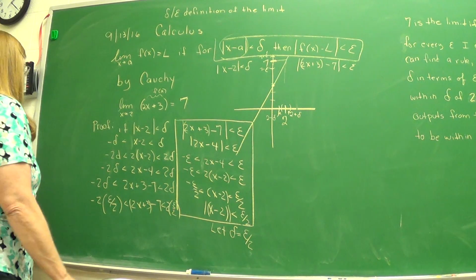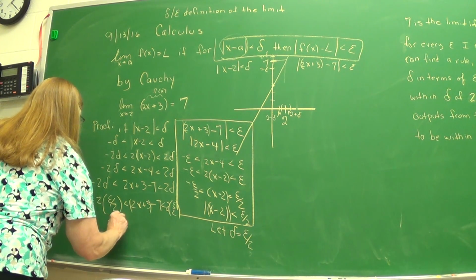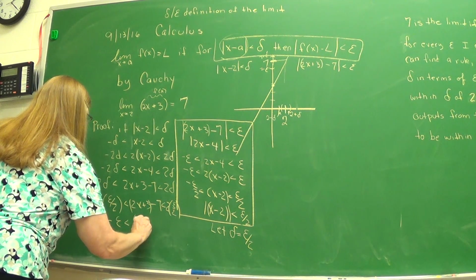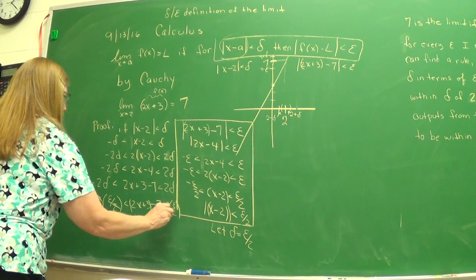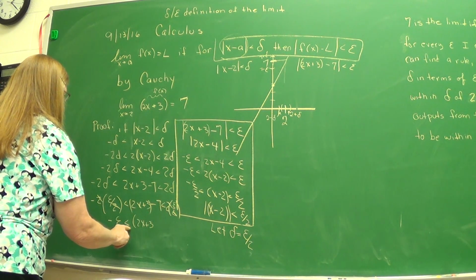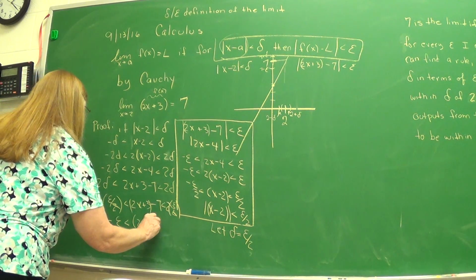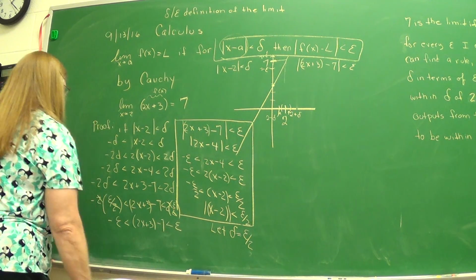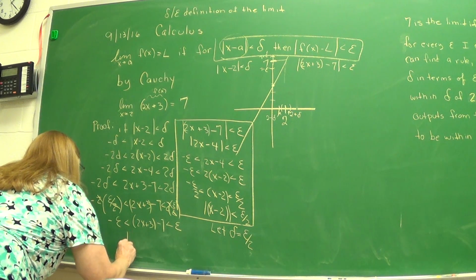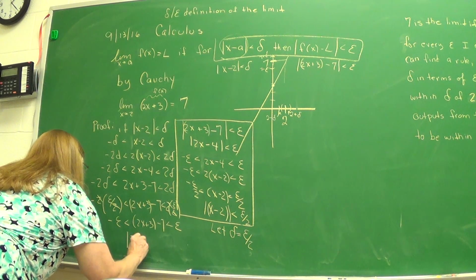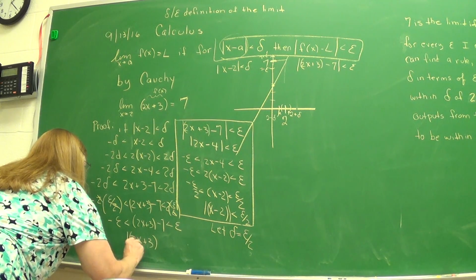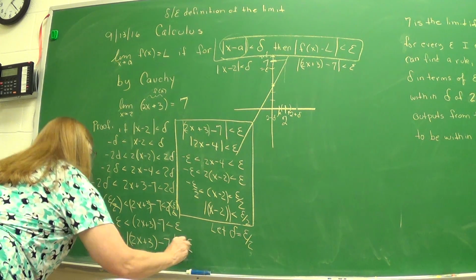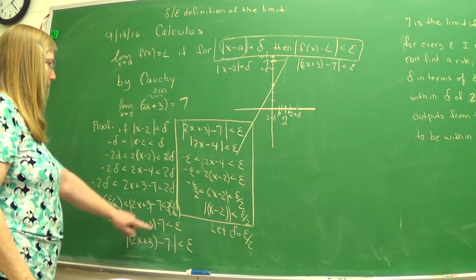Alright, so now I can establish minus epsilon is less than 2x plus 3. The 2's cancel. And I have minus epsilon is less than 2x plus 3 minus 7 is less than epsilon. And I can rewrite that in absolute value notation. And voila, that's what I needed to show.